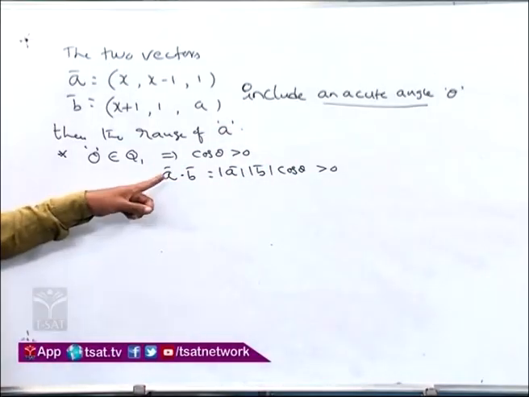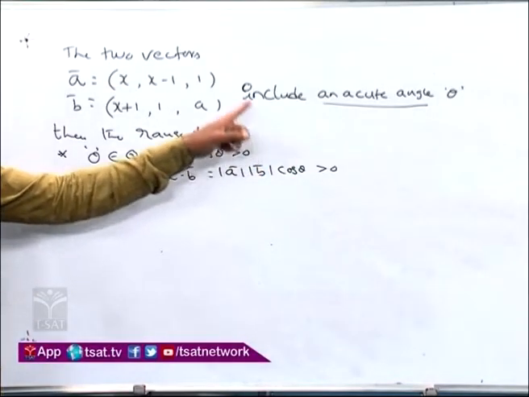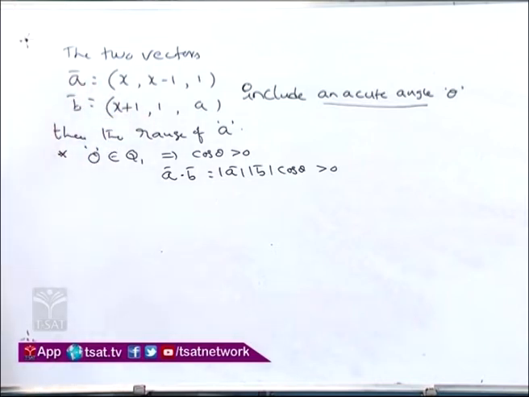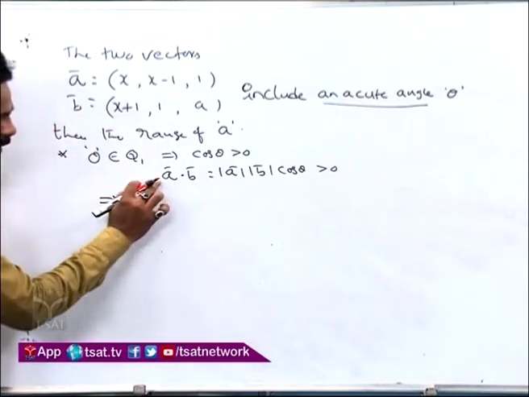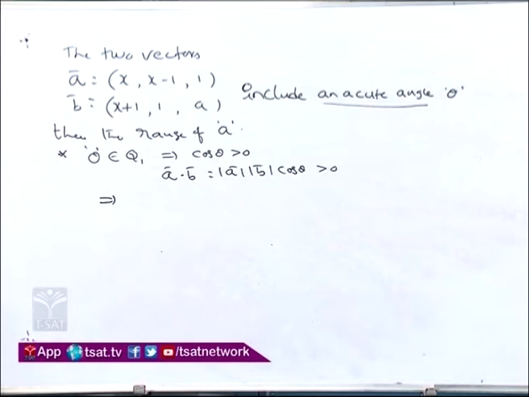So we can apply a dot b is positive as the two vectors include an acute angle, and hence we can write a bar dot b bar means a1 a2 plus b1 b2 plus c1 c2.